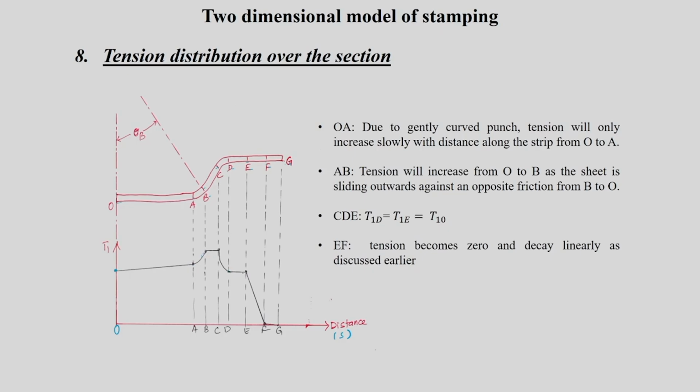Then DE is going to remain almost the same, and the EF situation we already discussed, where E is your T1E and it suddenly decreases linearly to 0 at F, and FG is a free end, it will remain 0.